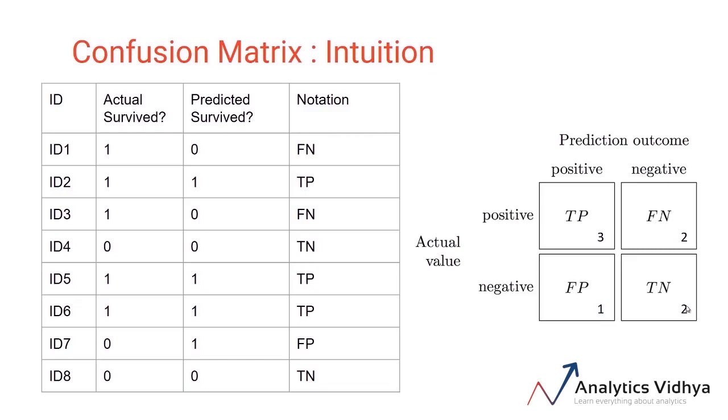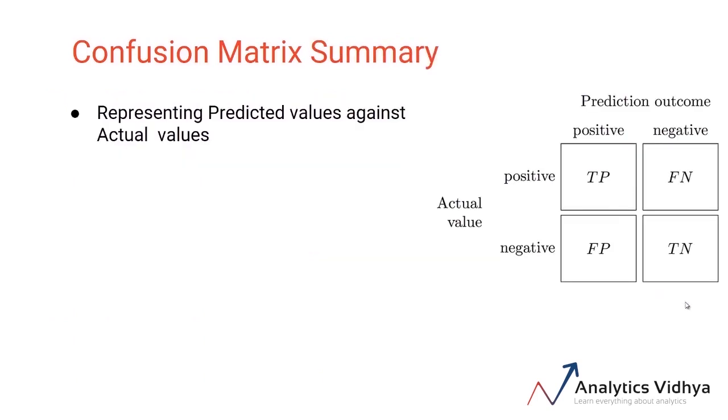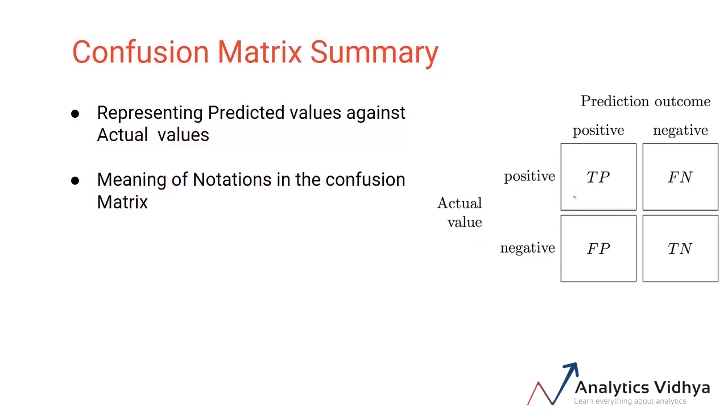Let's quickly recap what we have learned in this video. We saw what a confusion matrix is and how we can represent the predicted values against the actual values. We also covered what each of these notations means in the confusion matrix. So if we have the actual values as positive and the model correctly predicts it as positive, then I can say the prediction is correct and it will fall in true positive.